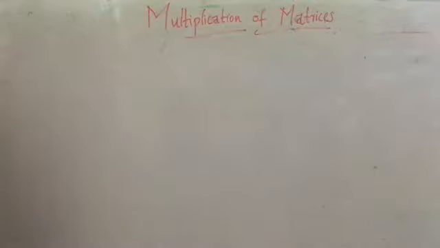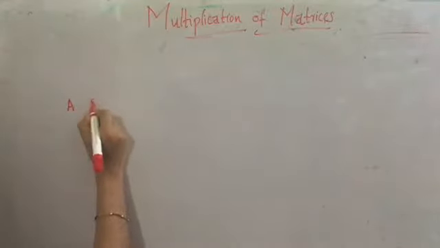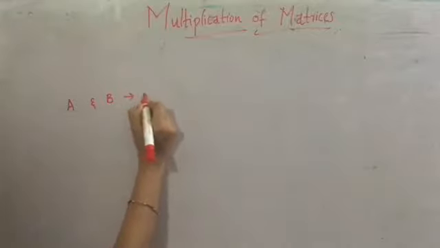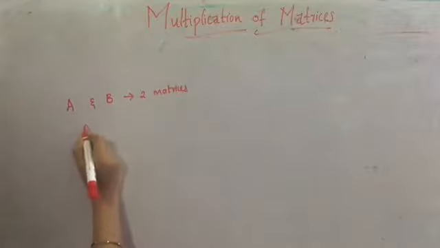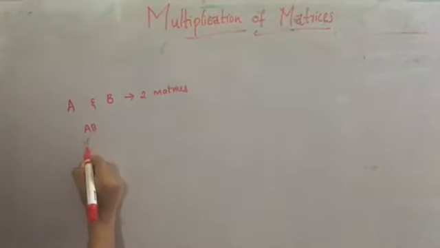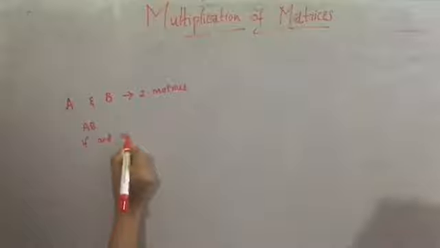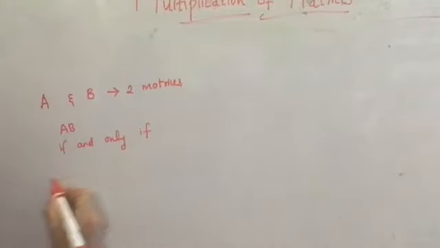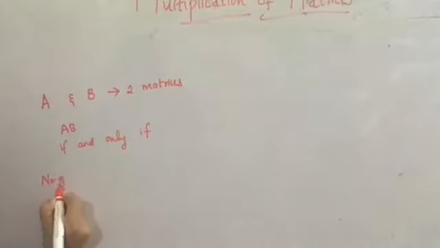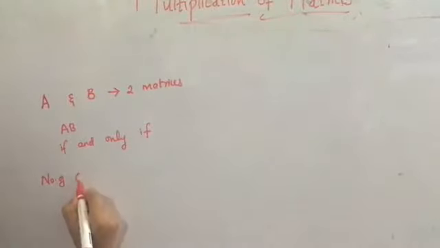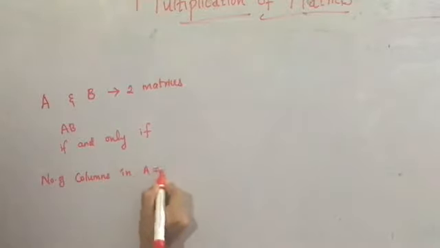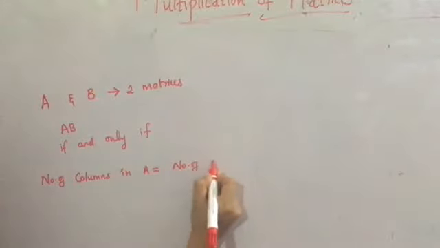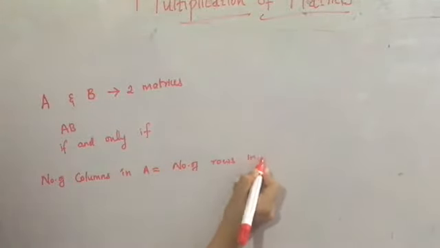So, if A and B are two matrices, then you can get the product AB if and only if the number of columns in A equals the number of rows in B. So what do you get?